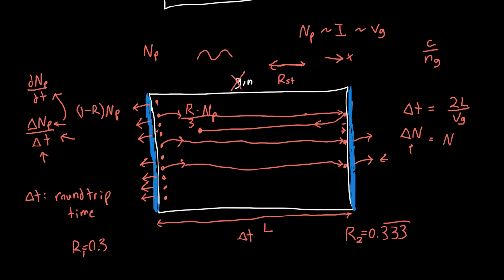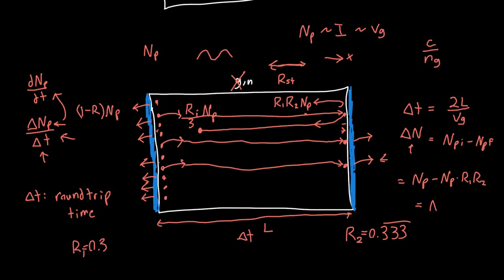Well, this is just our initial photon count minus our final photon count. Initially we had R1 times NP, and now after reflection, we're going to have the photons that we initially had to hit the mirror times R2 times NP. So delta n is just going to be our initial number of photons minus NP times R1 R2.